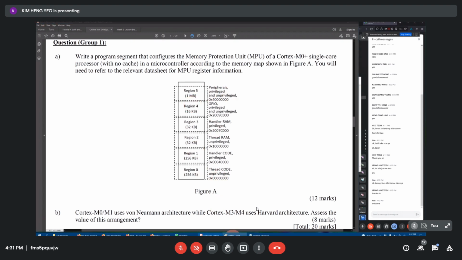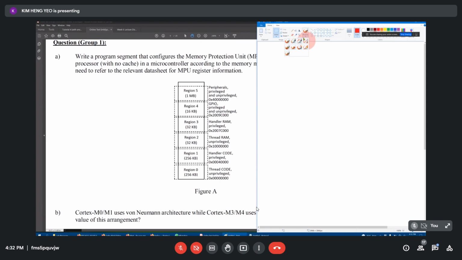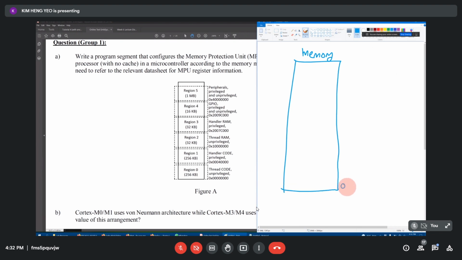Look at your microcontroller's memory. Let's say this is your entire microcontroller memory. It's a 32-bit microcontroller, a 32-bit processor, so you can access 32 gigabytes of address space, 32 billion bytes.